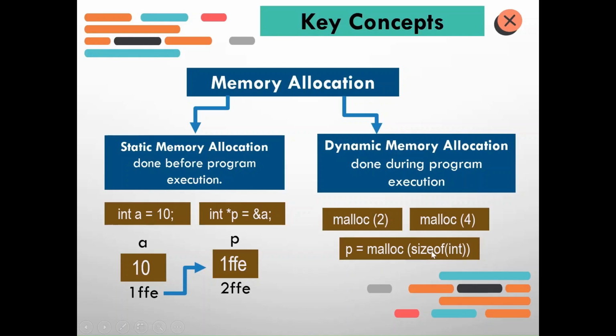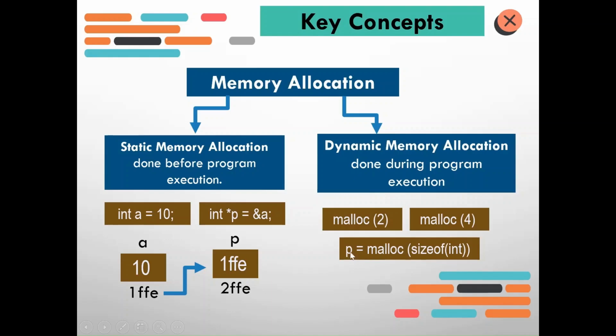Now what is this p? As I discussed here, you would be declaring memory, but you would not be assigning a value or a label to it. That is what we are doing here. If we write only malloc sizeof int, 2 bytes would be allocated, but there won't be any label pointing to those two allocated bytes.